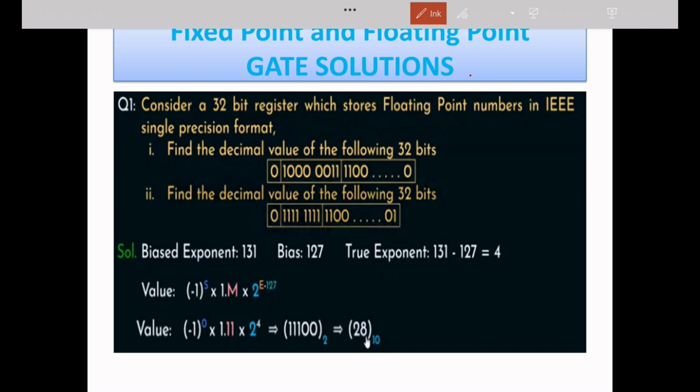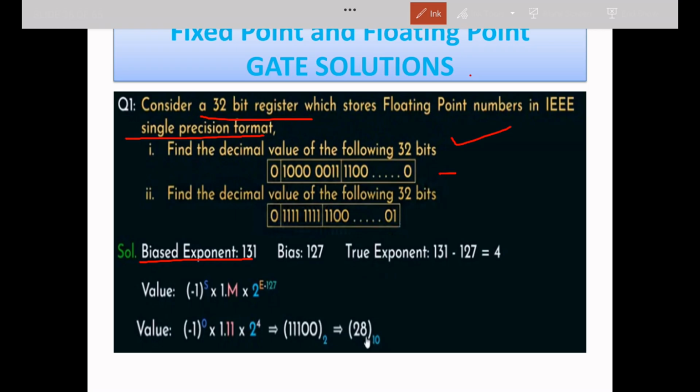This is very important. What is he asking? A 32-bit register, and he is asking to find the decimal value of the following 32 bits. He has given you this number. Now I am writing the biased exponent 131. Why? Because this is the single precision format. In single precision format, what is the bias?